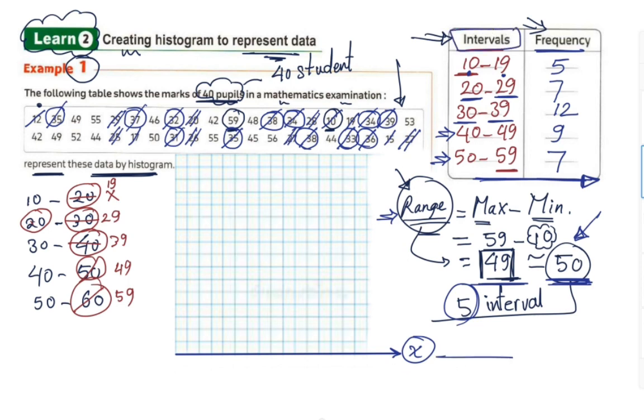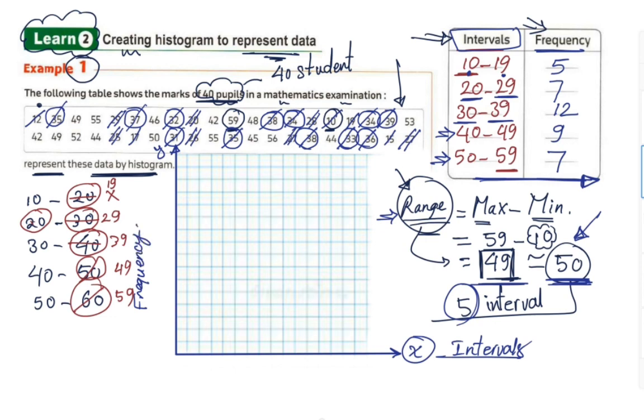Now here it's interval. But the y-axis, draw another line, a vertical one. The y-axis is always what? The frequency. So this axis, frequency.